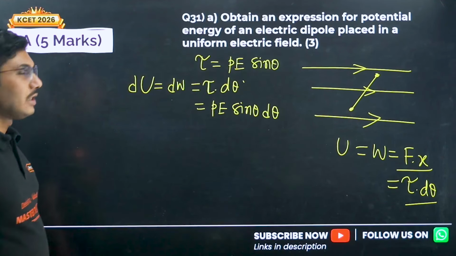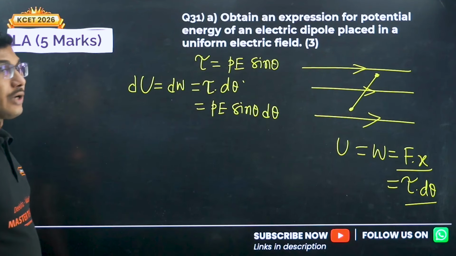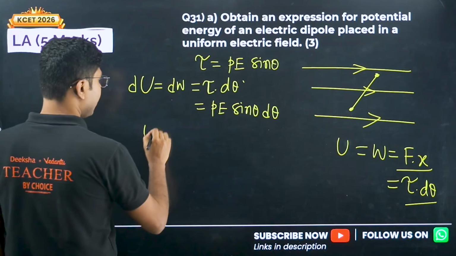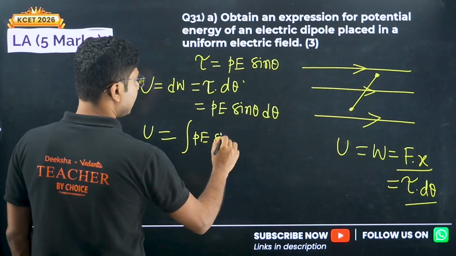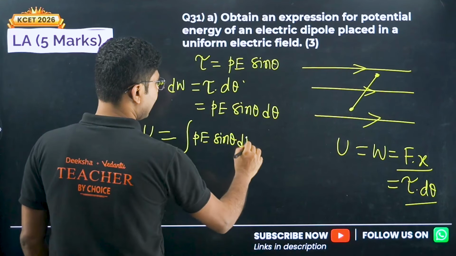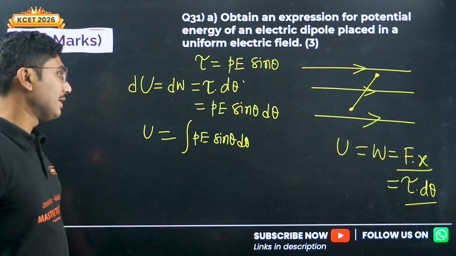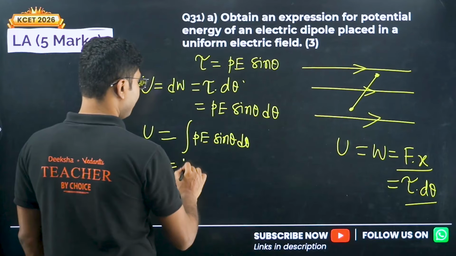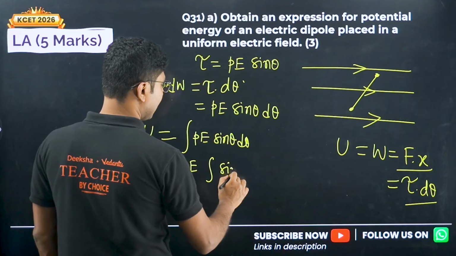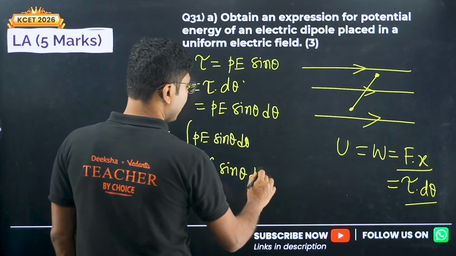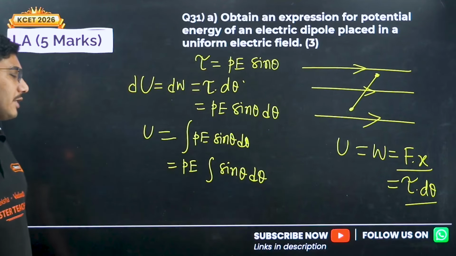This is the way to calculate the total energy. So total energy must be equal to the integration of PE sin theta d theta. Again another integration that you struggle with at the beginning. So it is PE times the integration. Now integration has to have some limit. In physics, whenever you are doing an integration, it has to be a definite integration.